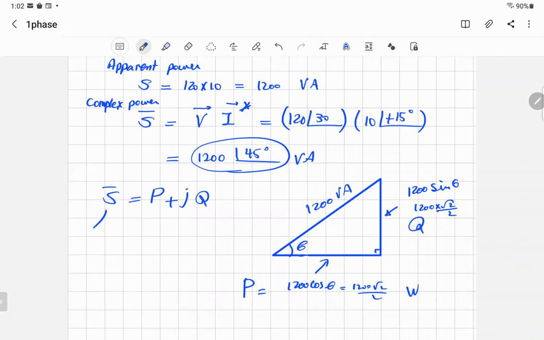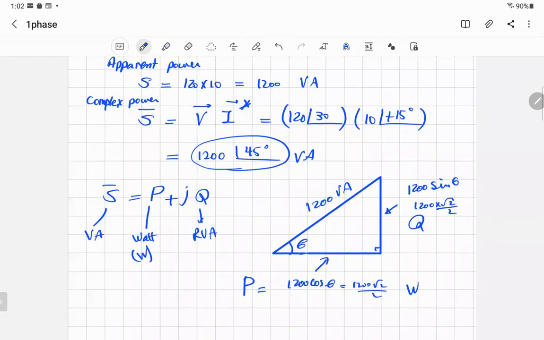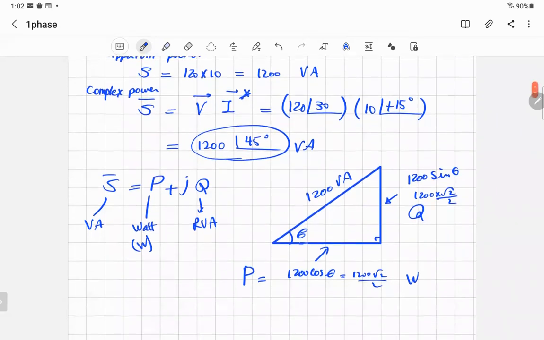The unit of the complex power or apparent power is volt-amp. This one is measured in watts, W. This is reactive, volt-amp reactive. That's why I like the complex power, you can get everything from it. Okay, let's go back to our formula and see what to do.